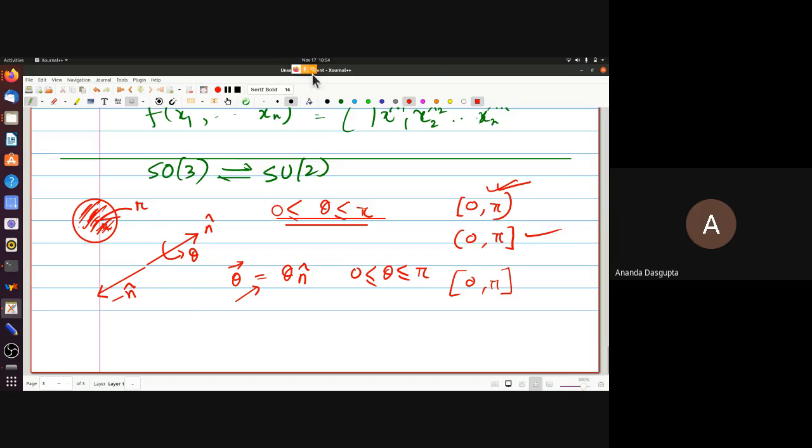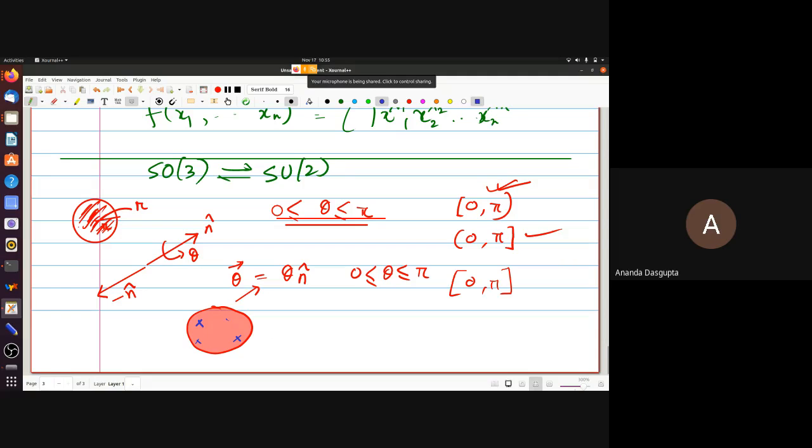That means it's not just any ordinary sphere. It is a sphere where a point here and a point on the surface on the other side have to be treated as the same point. Is it okay?